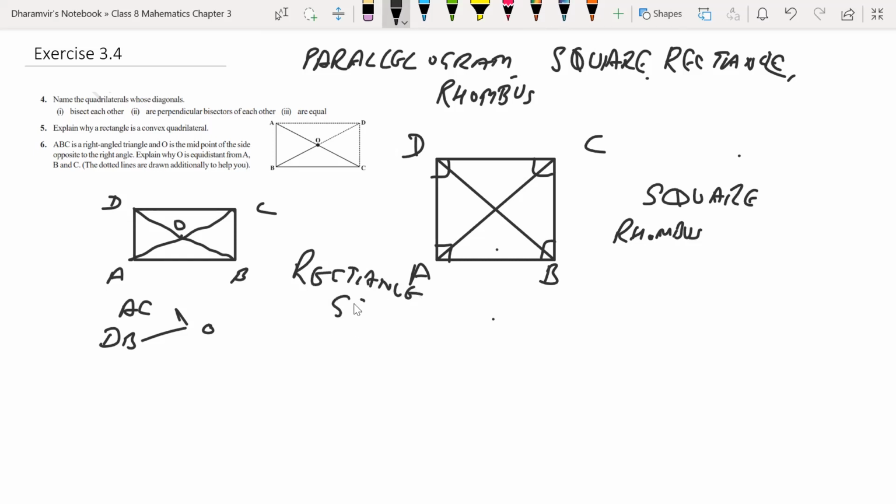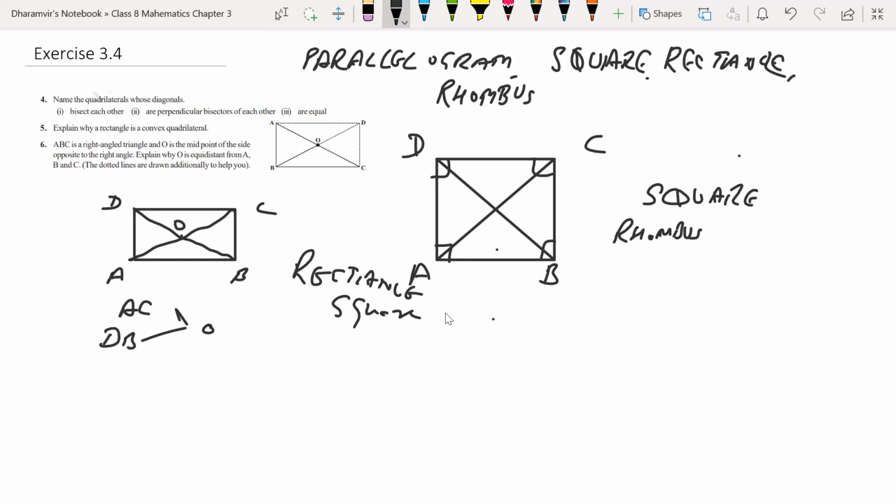Now, quadrilaterals whose diagonals bisect each other: parallelogram, square, rectangle, rhombus. Those whose diagonals are perpendicular bisectors: square and rhombus. And whose diagonals are equal: rectangle and square.